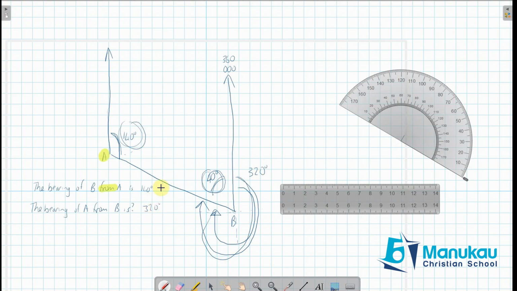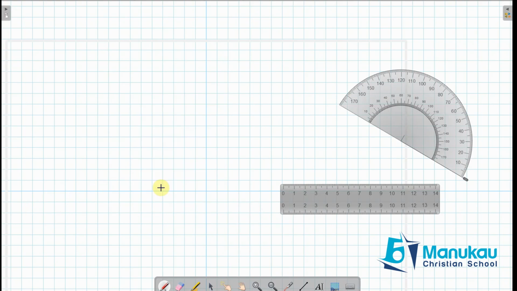Let me do another example with you, just to consolidate. Let's say, for instance, that we have something like this. So that's 0, 0, 0, that's your north line, and this is 0, 0, 0.